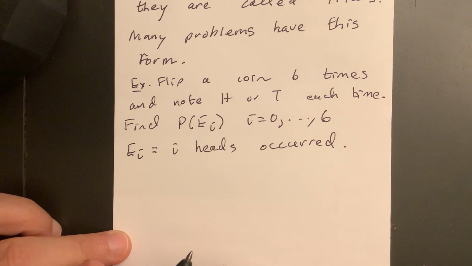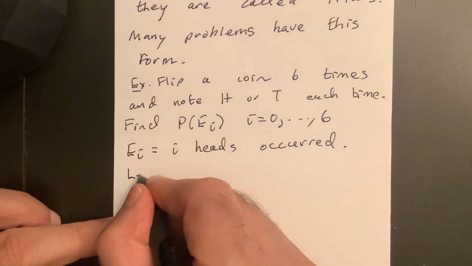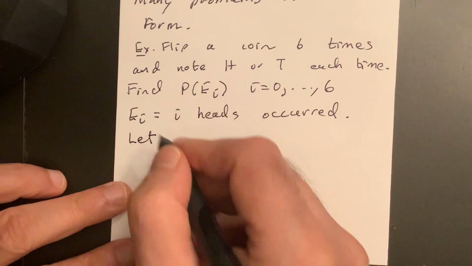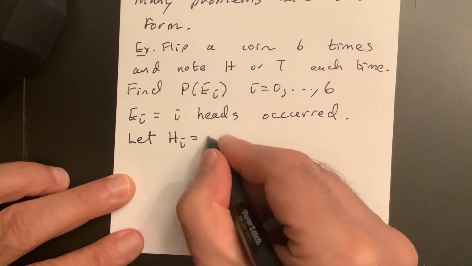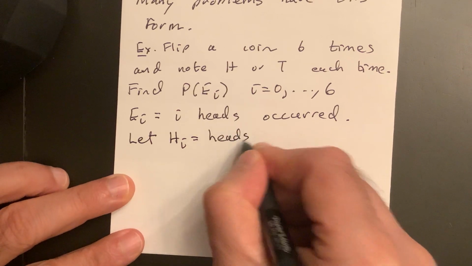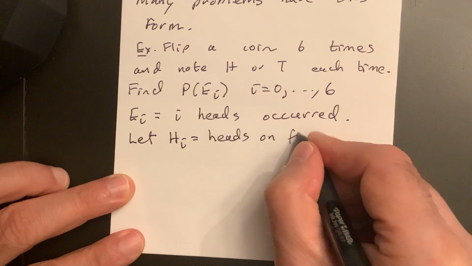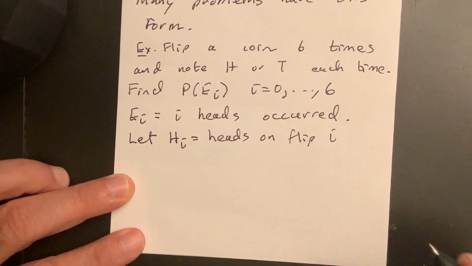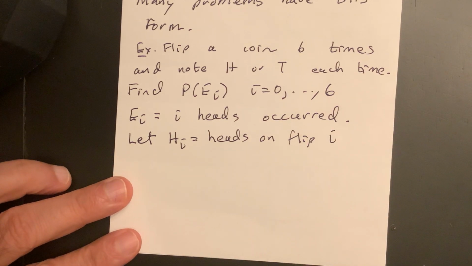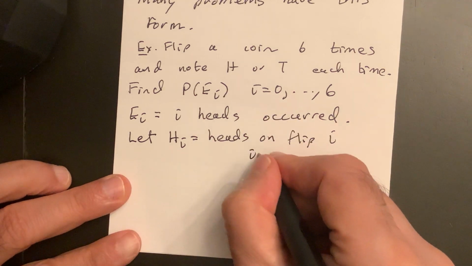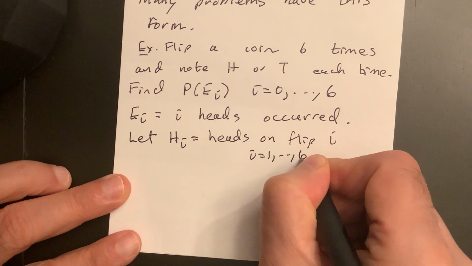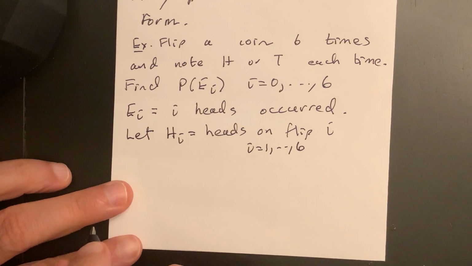So what we can do is let H_i equal the event that we got heads on flip i. So that would be for i 1 to 6, right?